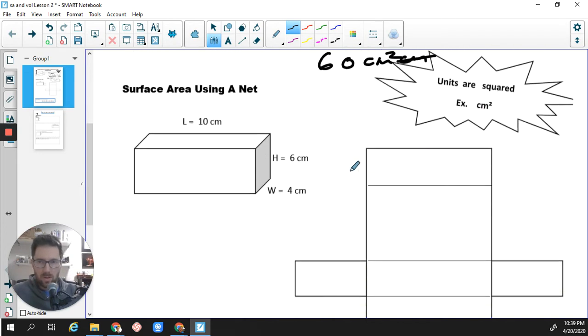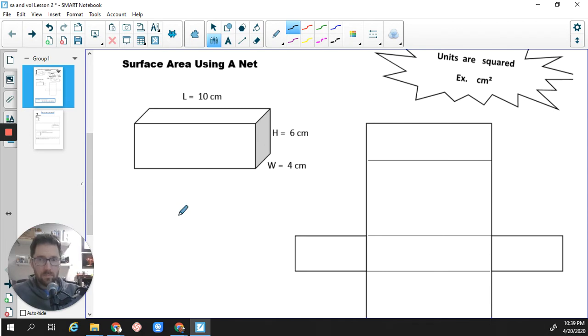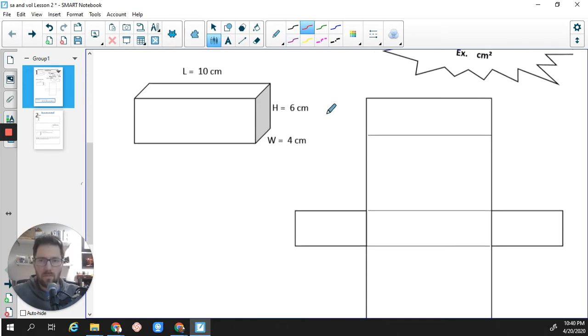So if we are using a net to create our surface area, we have to do a couple things. First of all, we want to transfer the numbers, what we're looking at, from the shape to the net. So we can see, okay, our length is 10.